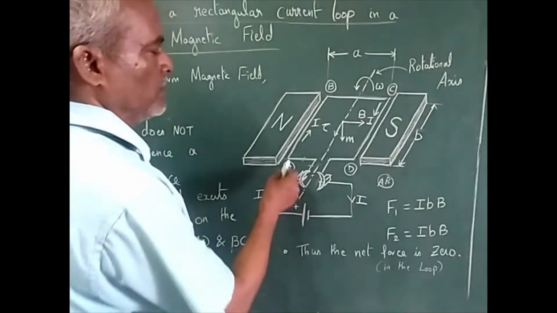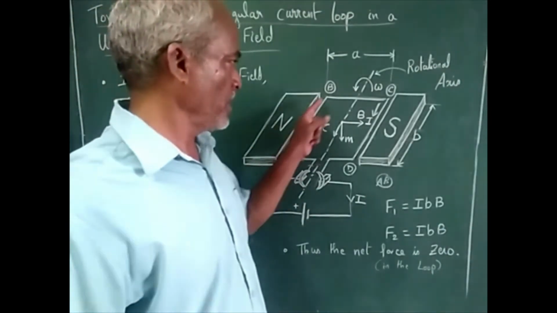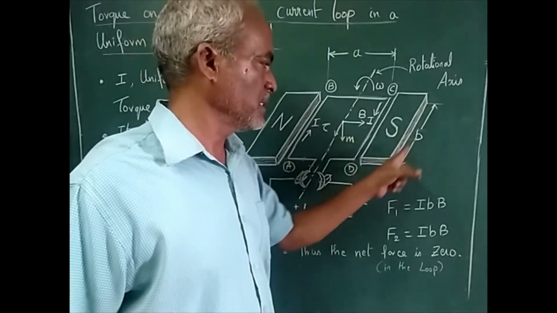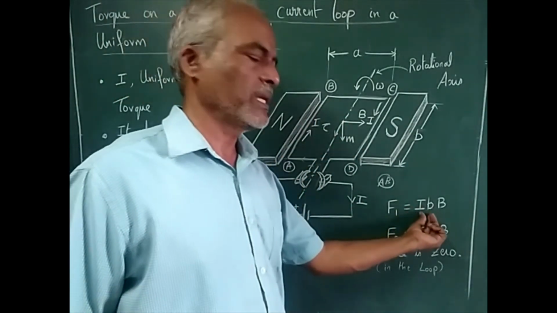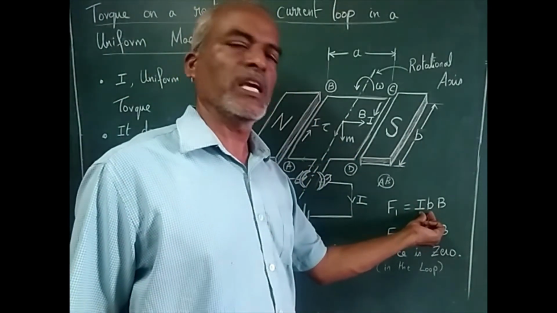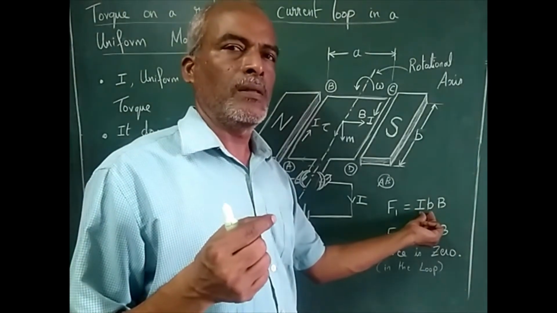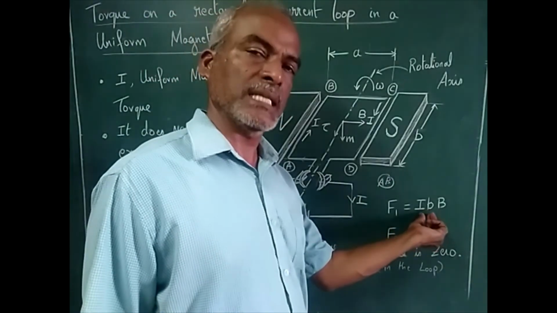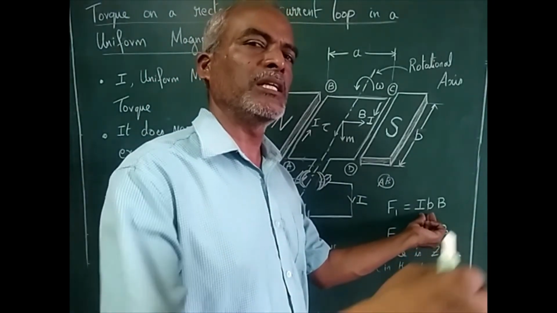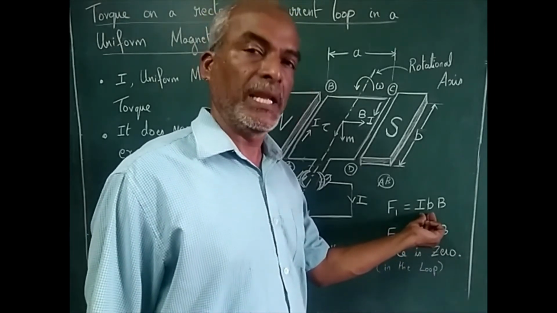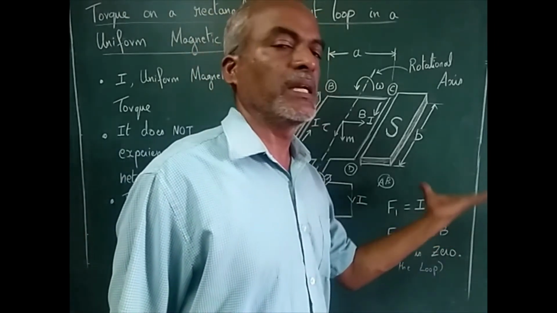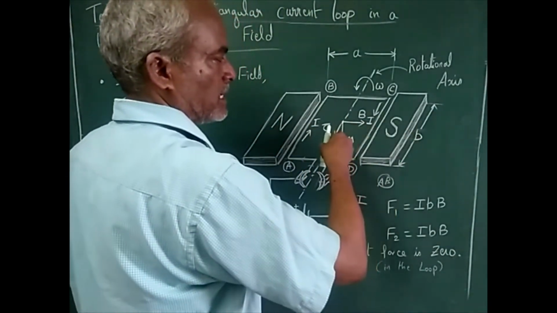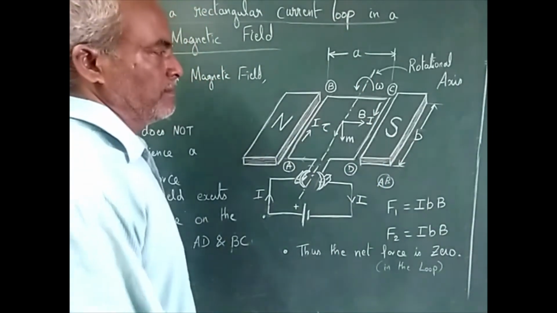This is the current flowing in that path, and the length of the path is B. Actually a current element is very, very small, but here it depends on the length of the magnet. So we can treat this as a current element or integral multiples of current elements, which leads to I into B multiplied by the magnetic flux density. Now if you carefully see, the magnetic flux density is in this direction and the current is in this direction, perpendicular.